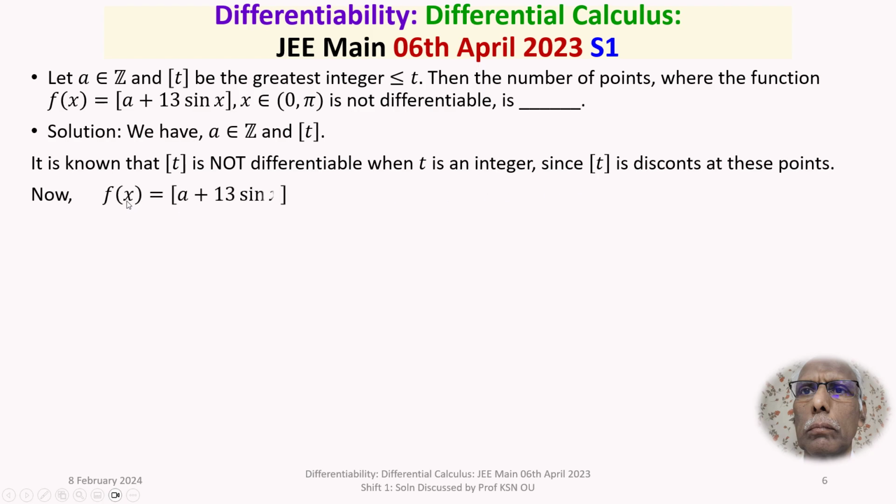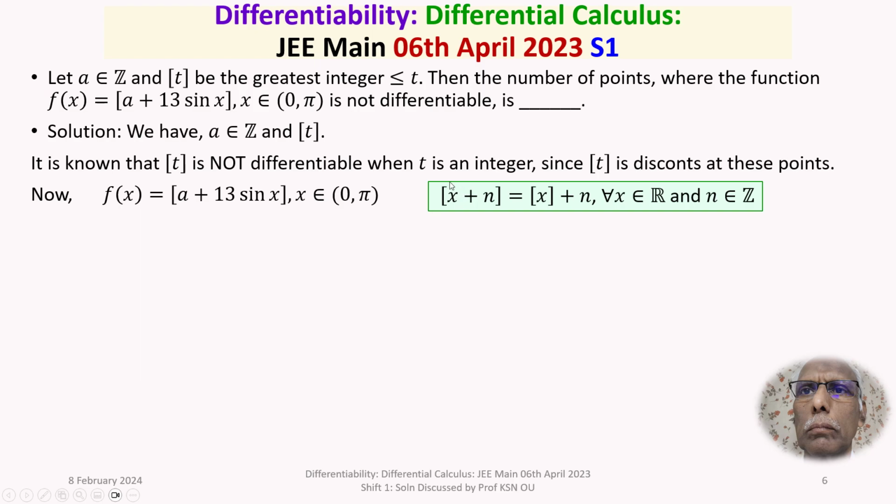Now, f(x) = [a + 13 sin x], where x belongs to (0, pi). What is a? a is an integer. Let us recall a property of bracket functions. [x + n], where x is any real number and n is any integer, is equal to [x] + n.